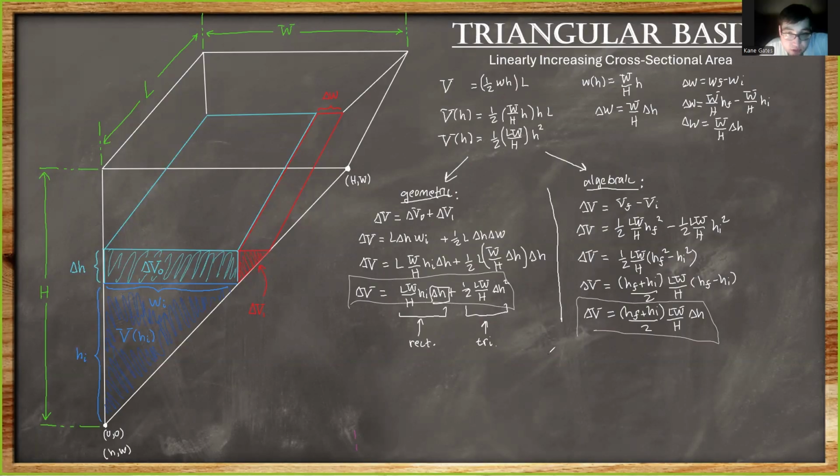You want to replace delta H with H final plus delta H squared with H.